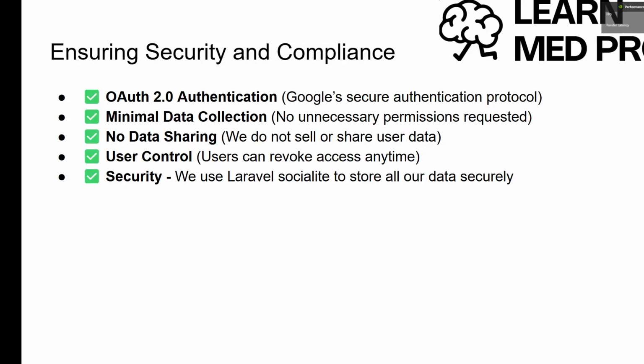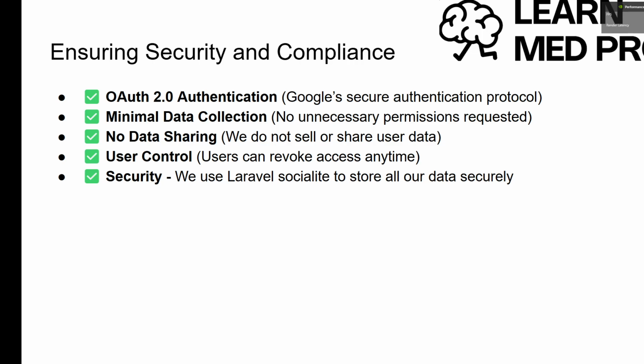So to make sure that we are secure and compliant with Google's guidelines, we are using OAuth 2.0 authentication, which is Google's secure authentication protocol. We are collecting the most minimal amount of data that we require.